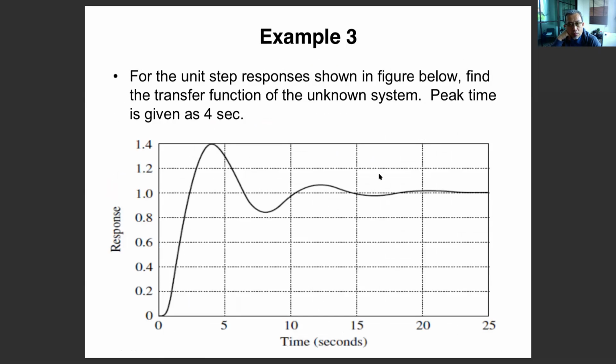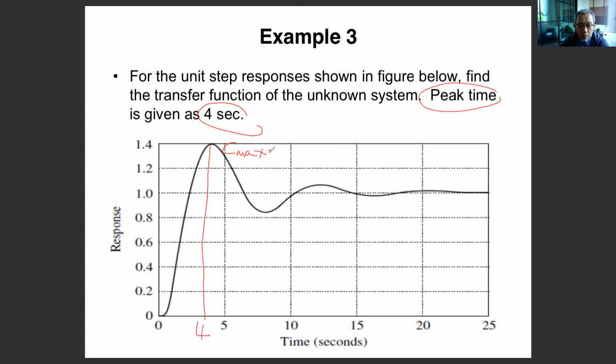Example 3 is all about the same, but now it's given a peak time. You are given a peak time of 4 seconds. So the peak time is over here, at C maximum.